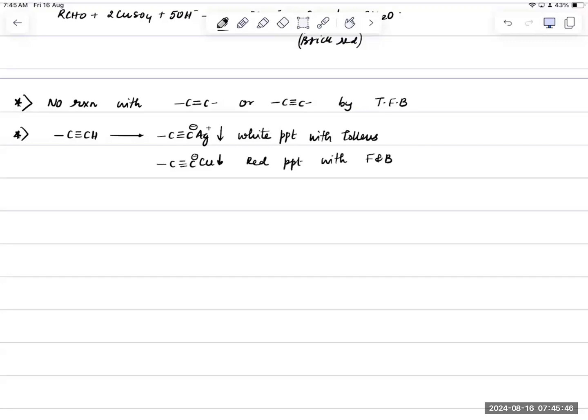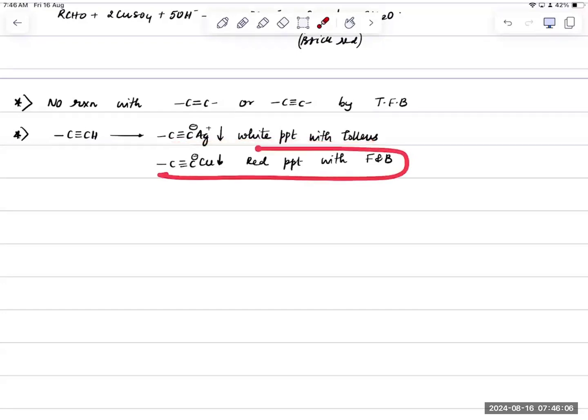So in case you find white PPT, the test is positive, but it is not giving a silver mirror test. So Tollens test can be observed by terminal alkynes, but not giving a silver mirror. It is giving a white precipitate instead.